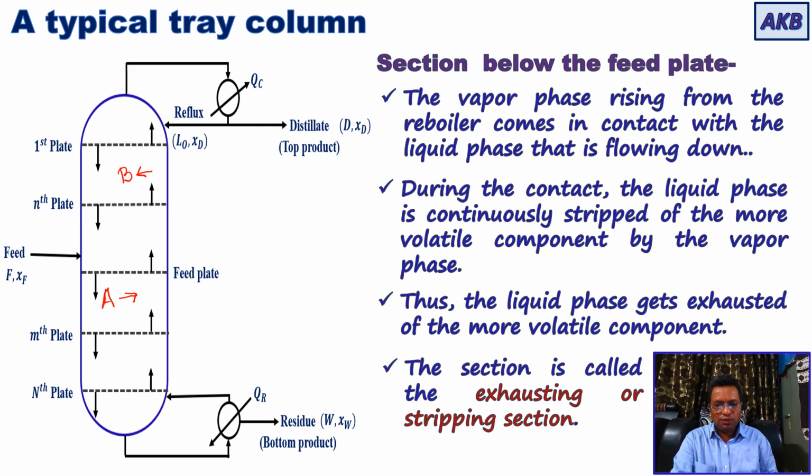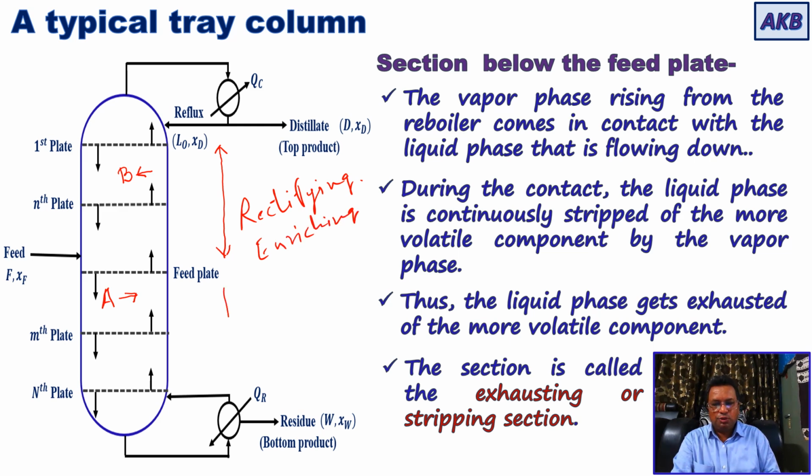Okay, so now we know the feed plate is dividing the column into two sections. The one above the feed plate, we call the rectifying section, or the other name given to it is enriching section.